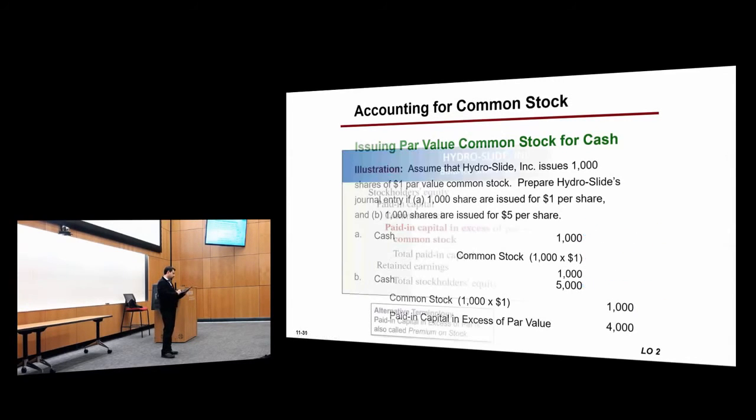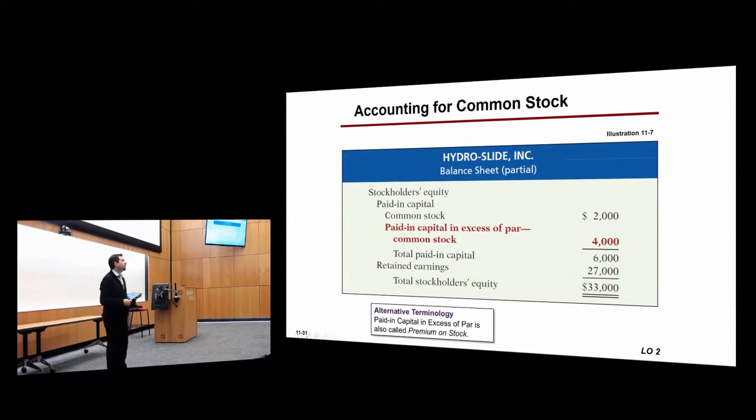And then in this case, paid-in capital in excess of par value for common stock will be another account under paid-in capital and will be added to stockholders' equity. Any questions?